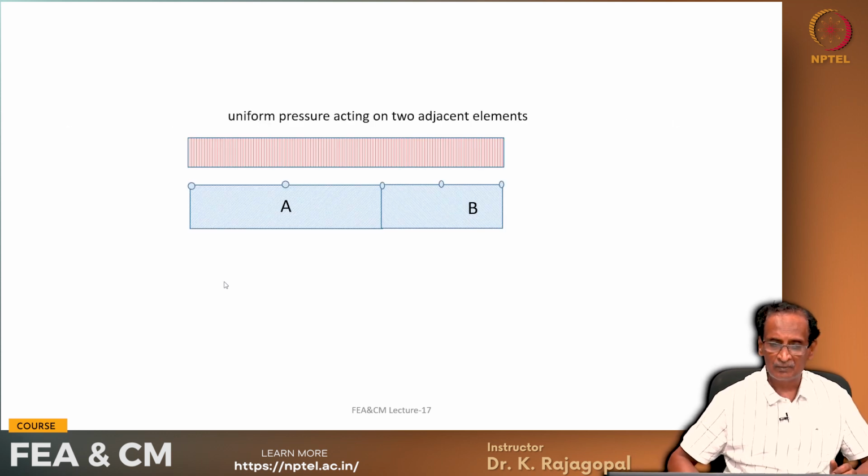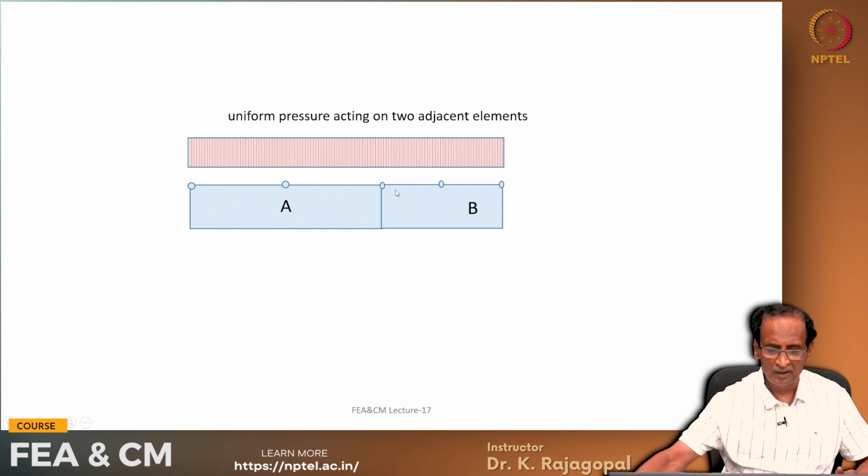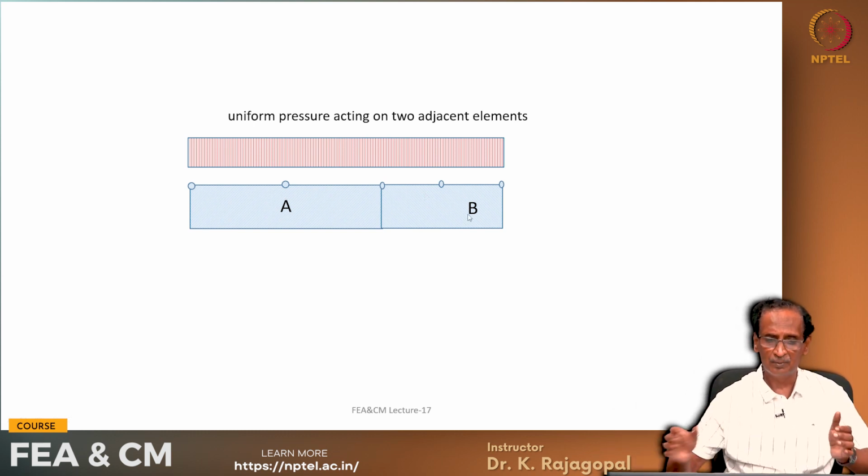Okay. And if you have a situation like, let us say, you have 2 elements A and B, what we do is we calculate the nodal forces separately on each of these elements. Element A we calculate, and element B we calculate separately, and then assemble.